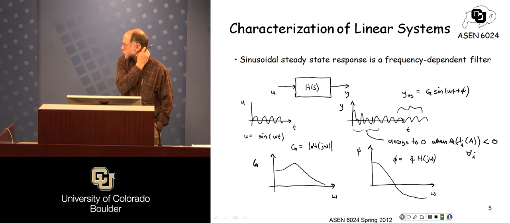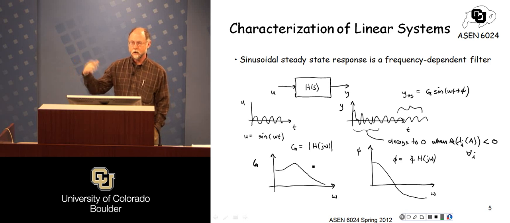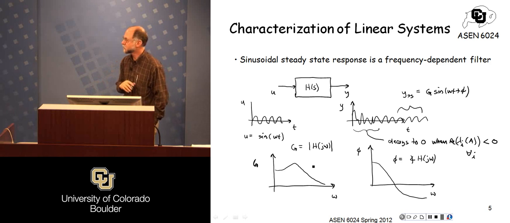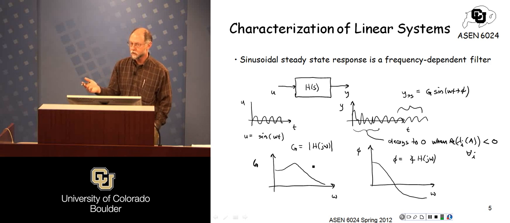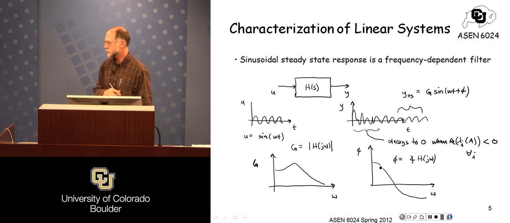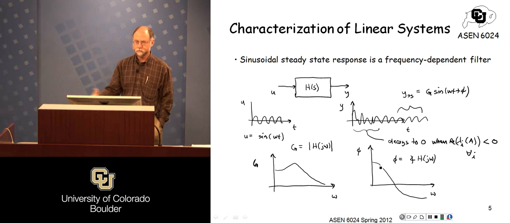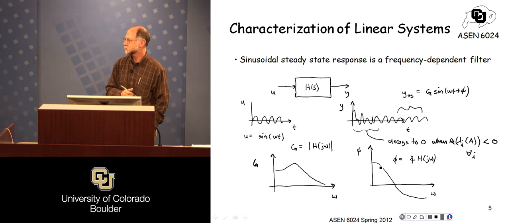To get good tracking, we would want this frequency response magnitude to look like 1, say, over a large frequency range, which would mean the output looks just like the input, the reference input. So we have a good idea of what we want there, and the question then is how to modify the transfer function to have those frequency response qualities that we like. And again, there's a bunch of Bode plot, Nyquist plot kind of tools there to help us design that transfer function or that frequency response to be what we want.